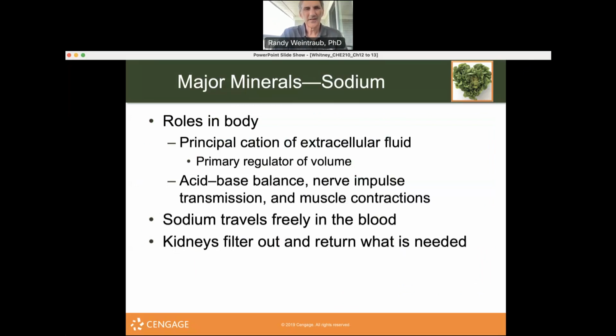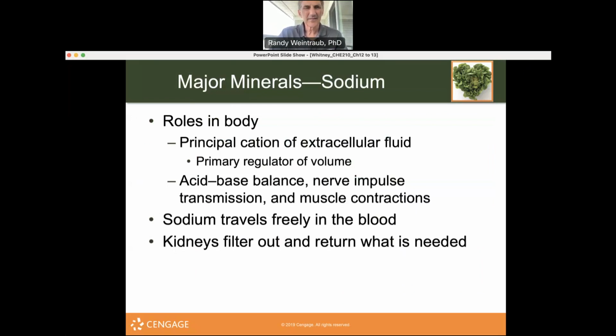So the first mineral to look at, sodium, is the principal cation, that is a positive ion, outside of the cell, in extracellular fluid. They regulate the volume around the cells, as with water.